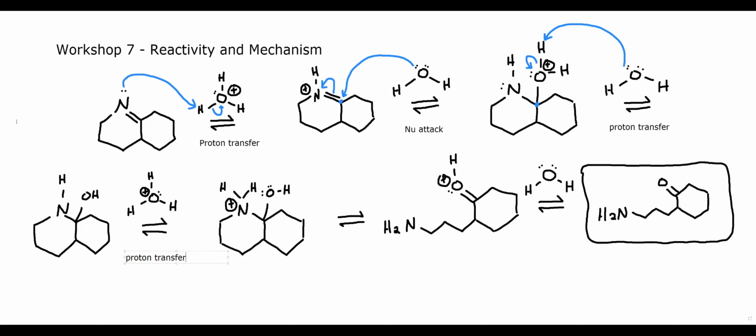And let's draw the mechanism for that proton transfer. We're going to take the lone pair on nitrogen, and we're going to grab a hydrogen with it. Let's take this one. Leave behind the OH bond as a lone pair. And that is going to give that nitrogen an extra proton. There's the proton transfer.